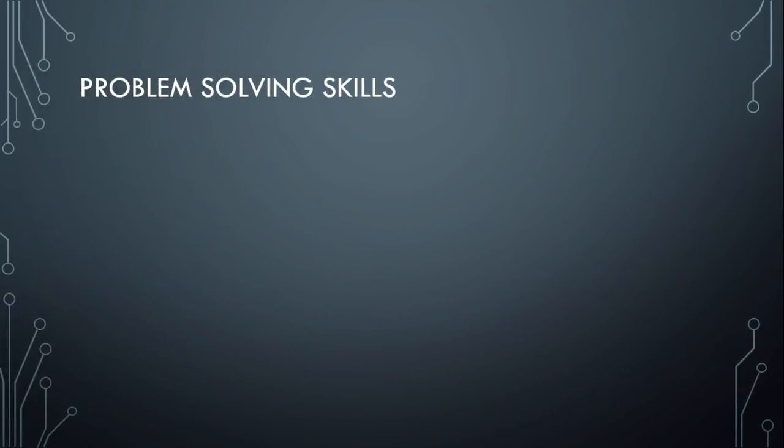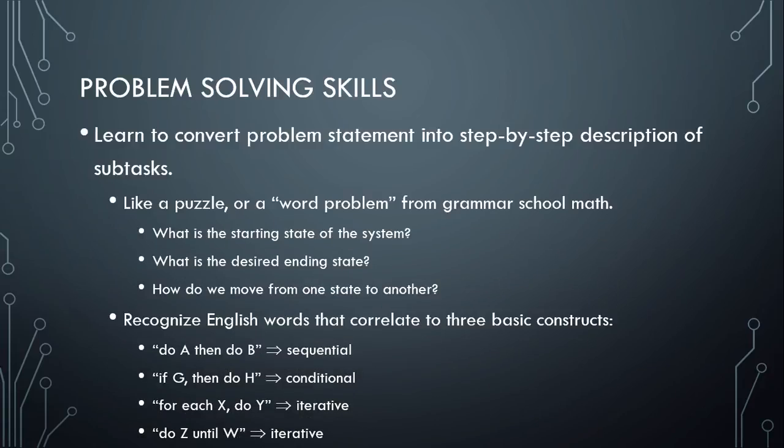And oftentimes these different strategies can be used in conjunction with our sequential, conditional, and iterative. So when we're talking about these different things, we're talking about problem-solving skills. This is really when it gets down to learning to convert a problem statement to a step-by-step description of subtasks, like a puzzle or a word problem from grammar school math. So what is the starting state of the system?